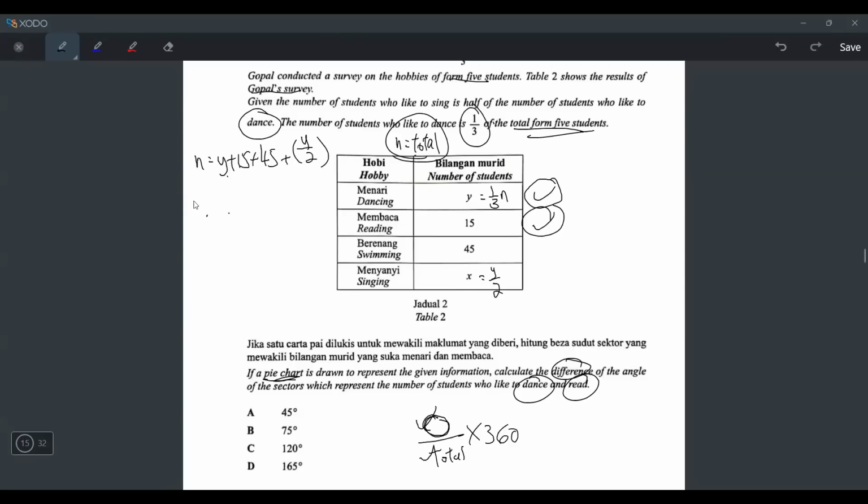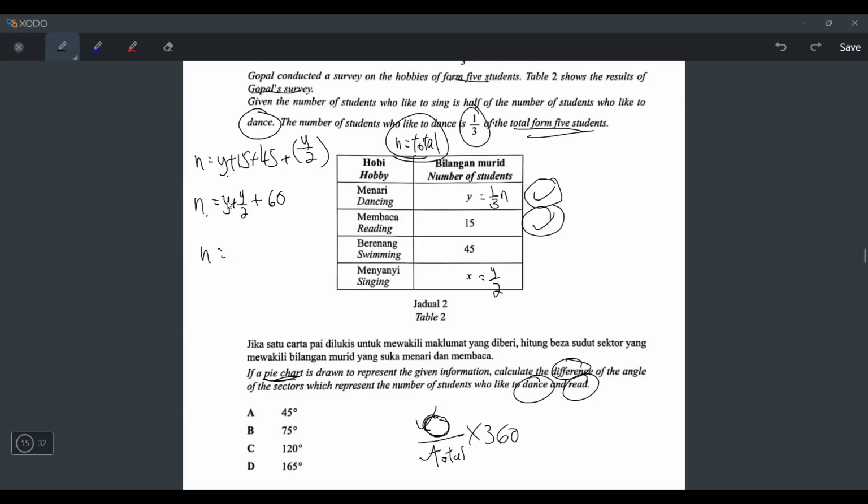I can substitute now, but I will substitute later. I won't substitute now. So I will take 45 plus 15 and get 60. And then the y over 2, I can write in front also. So it will be y plus y over 2 plus 60.